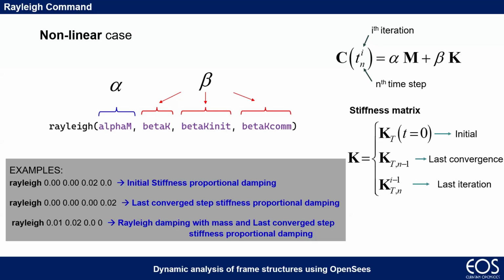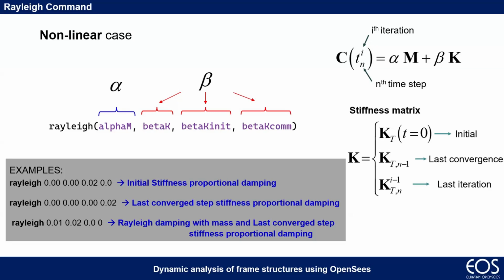So again, not in OpenSees, in a non-linear model, every time I see the K stiffness, the K matrix, the stiffness matrix, I need a question mark, okay? Which stiffness? When? Which type of stiffness, okay?